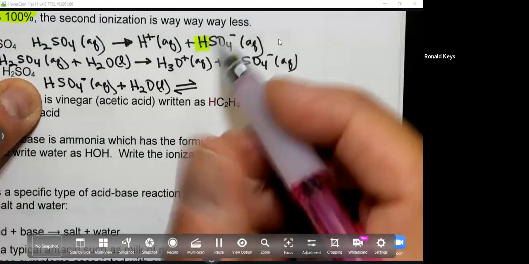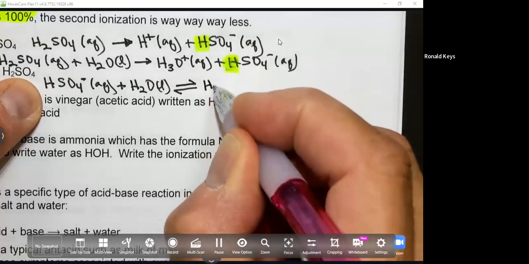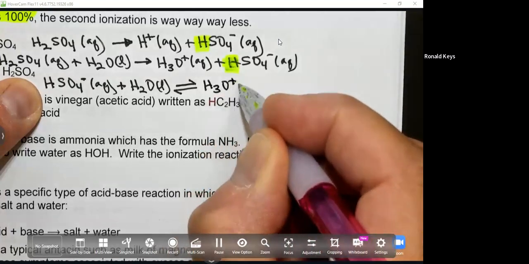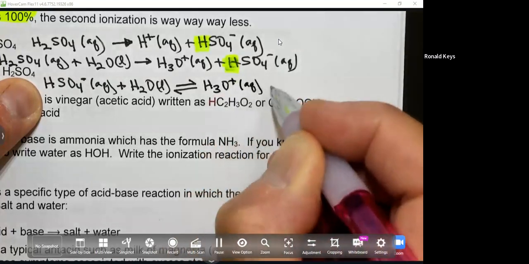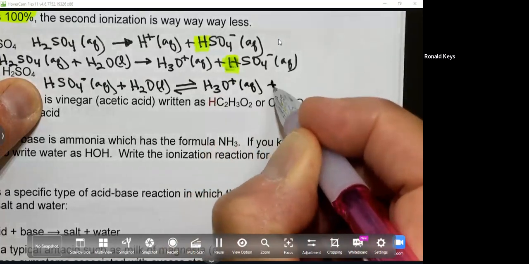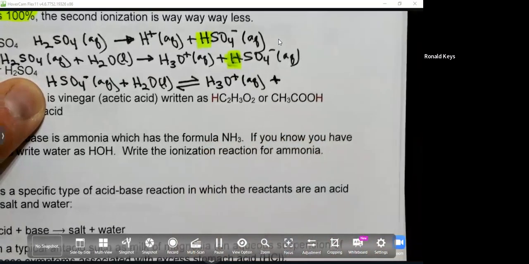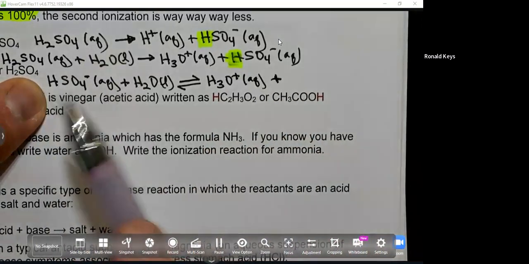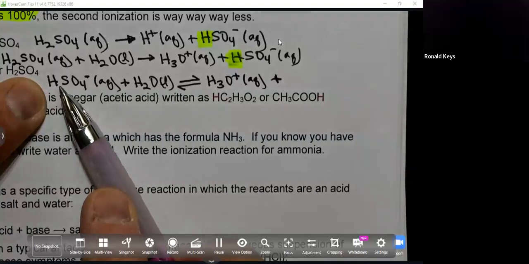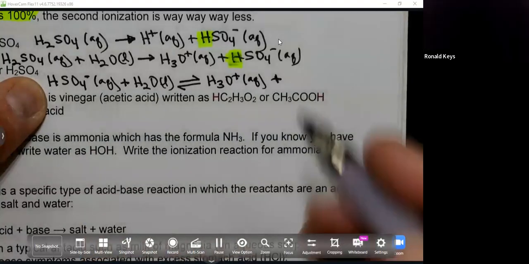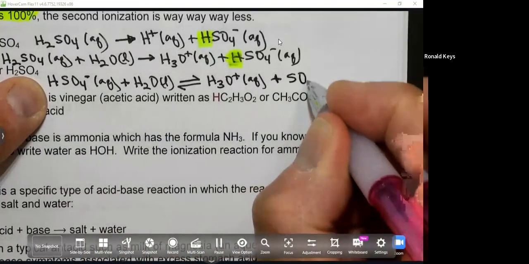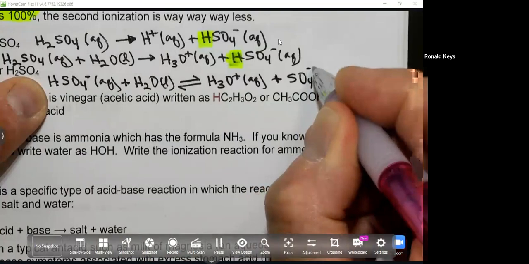What am I going to get? I'm going to get H3O plus. Now, what would I have left? I get rid of an H plus here, I'm going to end up with SO4 2 minus.